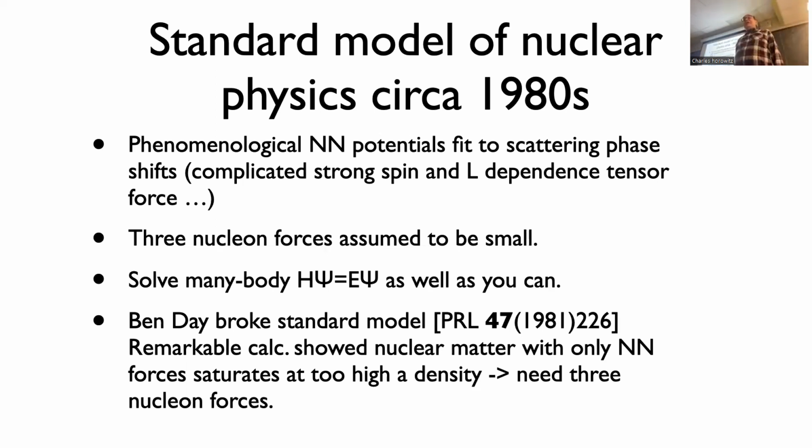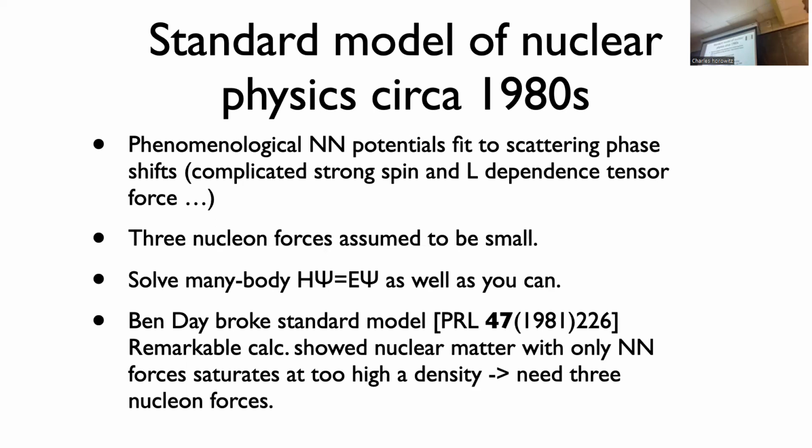In hindsight, and I'm not sure we fully appreciated how much was broken at the time, Ben Day at Argonne National Laboratory broke the standard model of nuclear physics already in 1981. He did extraordinary calculations for the binding energy of nuclear matter, and showed that nuclear matter alone, with only 2 nucleon forces, saturated at too high a density.